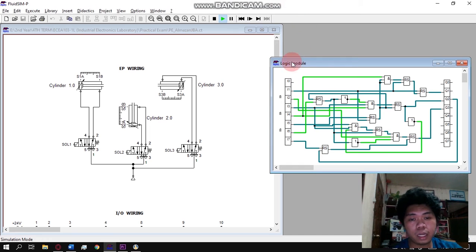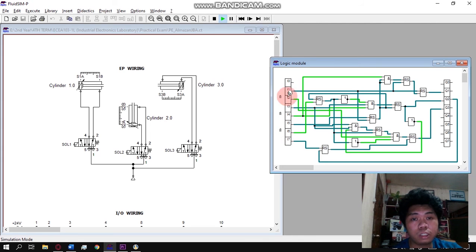As you can notice, the sensors are connected to the input side while the solenoid valves are connected to the other side, so that whenever PB1 is pressed, the solenoid will be energized, resulting in the shifting of the valves. Here you can see that all valves are initially retracted, which corresponds to S1A, S2A, S3A being at logic 1.